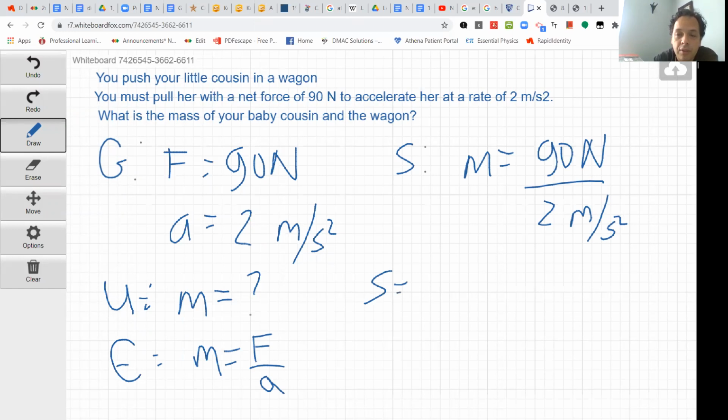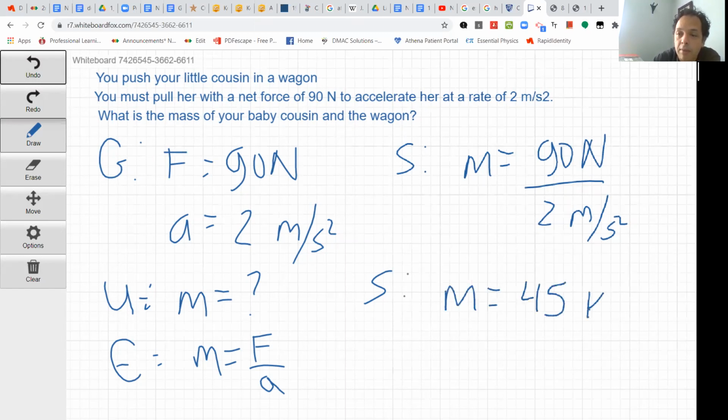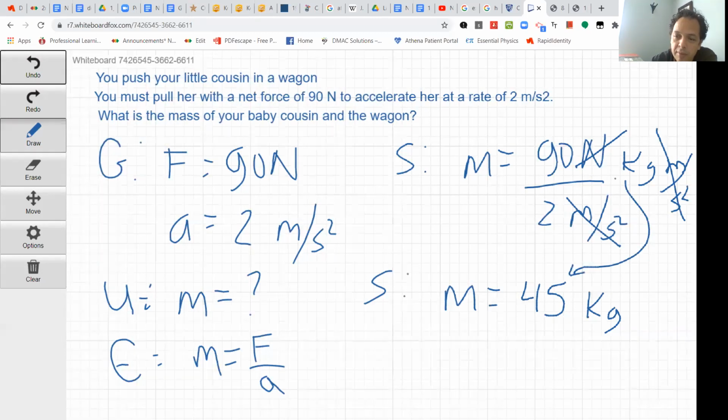Now we solve. So I got mass is equal to 45 kilograms. So again, you might be asking, how do we get kilograms? Remember, newtons is the same thing as kilogram meters per second squared. So the accelerations cancel, and all we have left is kilogram.